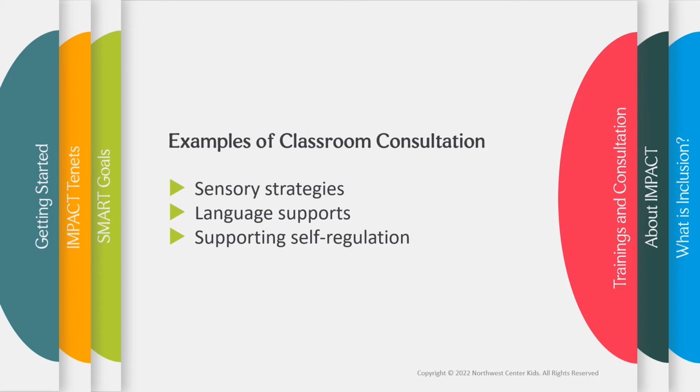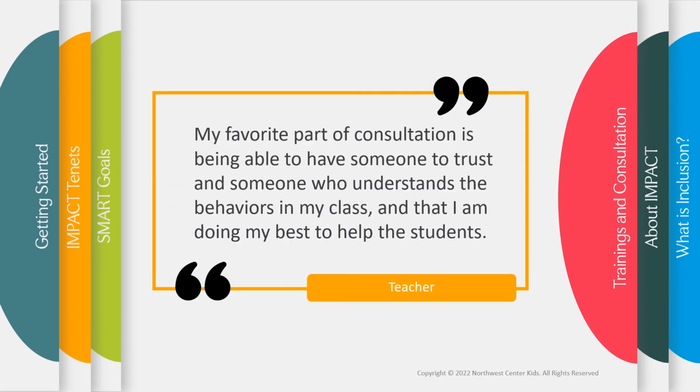Consultation might focus on children's self-regulation, where teachers and consultants brainstorm activities to help children identify feelings or implement coping strategies they can use in the classroom, or reimagine the classroom space and create a cozy area to support emotional regulation. Here's what one teacher who worked with us had to say.